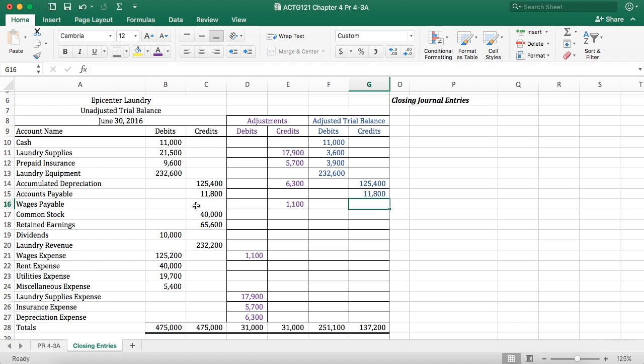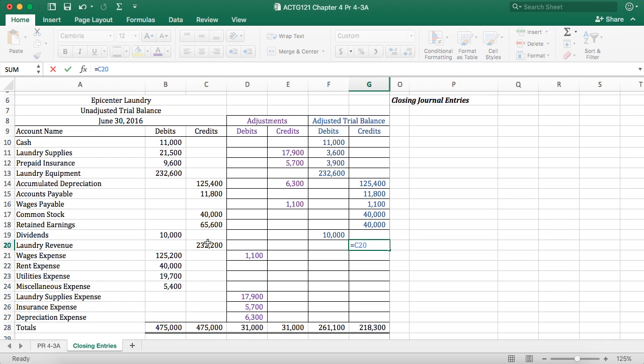So here's a situation where we had nothing in the unadjusted trial balance, but we had an adjustment. And remember, if it's a credit on the adjustment side, it's going to be a credit on the adjusted trial balance. Situation where there's just a credit, another credit. Here's dividends, which if you remember is contra equity, means it moves in the opposite direction.